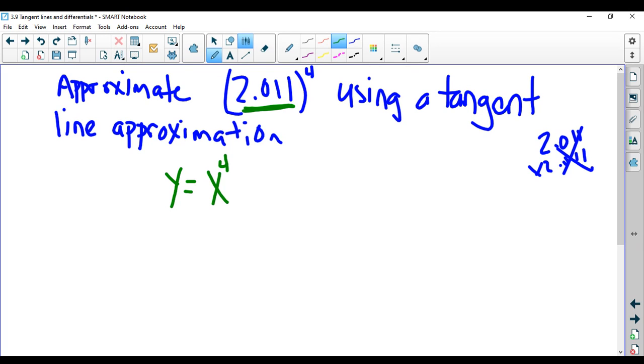Let's use 2 because 2 is an easy number to work with. So we're going to find the equation of the tangent line at y equals x to the fourth at x equals 2.